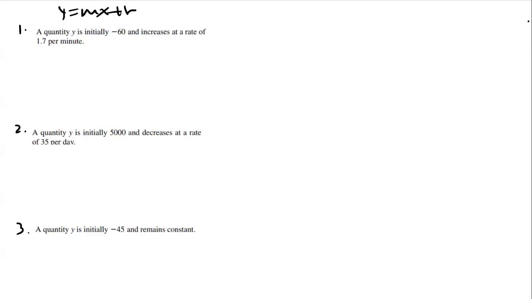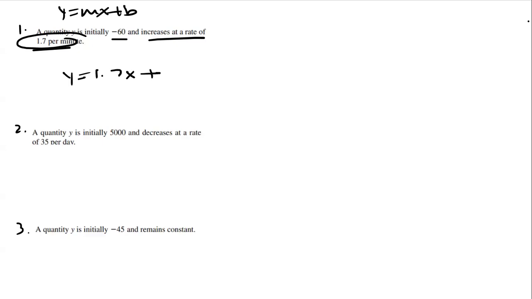If I look at the first one, it says a quantity y is initially negative 60 and increases at a rate of $1.70 per minute. So automatically, what's our m? What's our rate? Exactly, 1.7 per minute. So that's going to be our m.